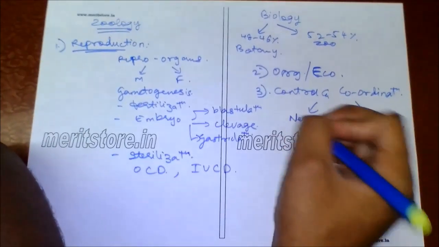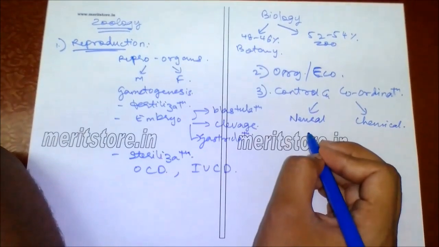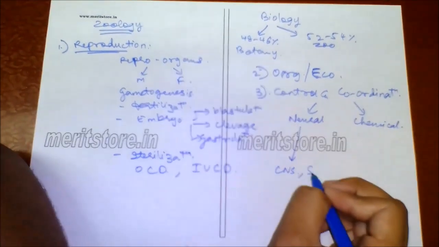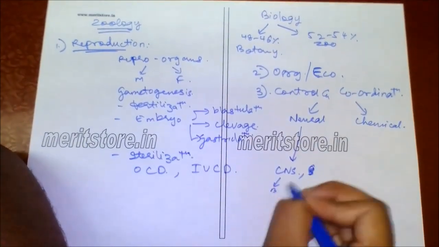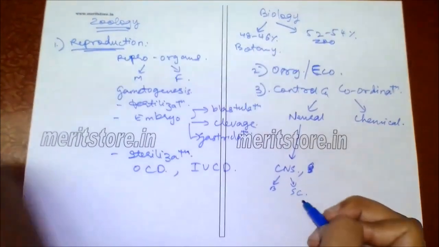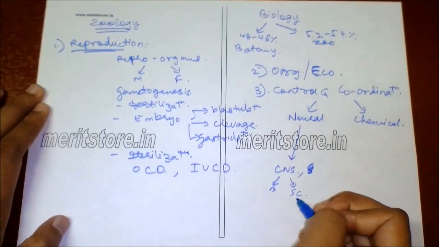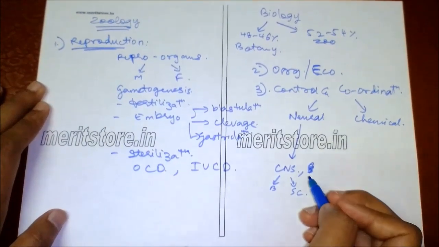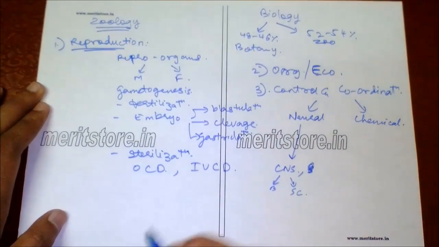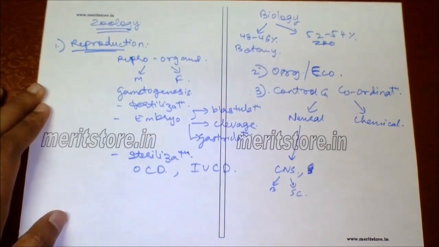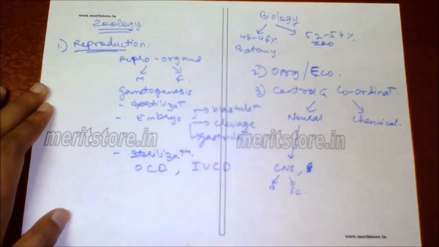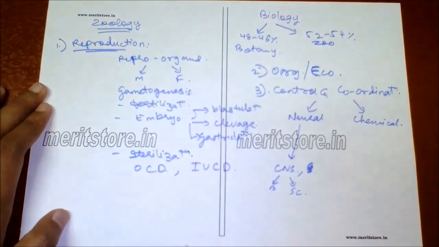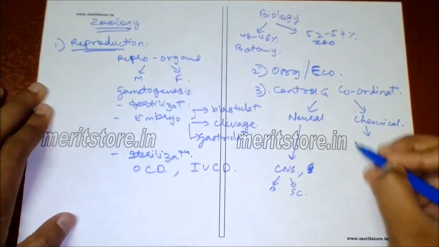In neural control, you have to focus upon the different parts and structures of the CNS, that is the brain and spinal cord, and what the different parts of the brain are and the names or synonyms of different parts of the brain and spinal cord, the CSF and the meninges, which we have to see here, and the reflex action. And then comes the chemical part, in which there are various hormones.